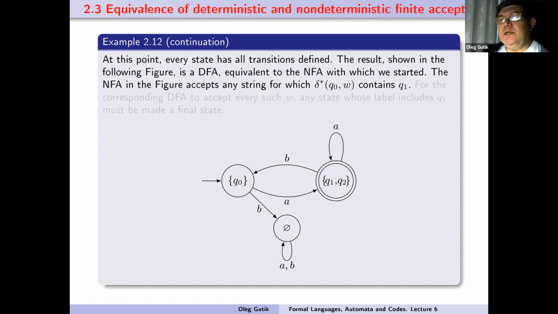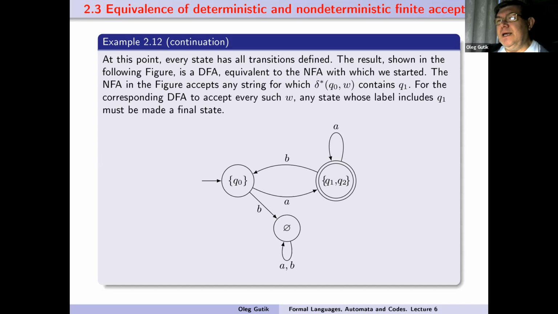The deterministic finite acceptor in the figure accepts any string for which delta star of Q0, W contains Q1. For the corresponding deterministic finite acceptor to accept every such word W, any state whose label includes the state Q1 must be made a final state.